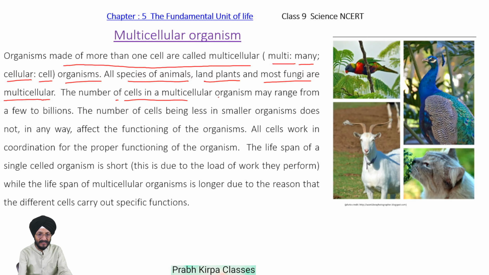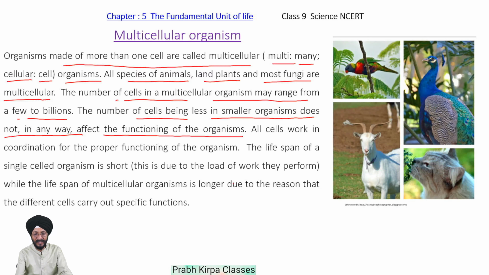The number of cells in multicellular organisms may range from a few to billions. The number of cells being less in smaller organisms does not in any way affect the functioning of the organisms. It does not mean that small organisms have fewer cells, so their functioning may not be proper.